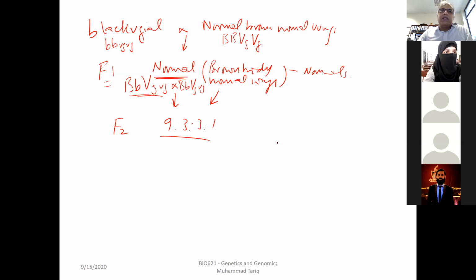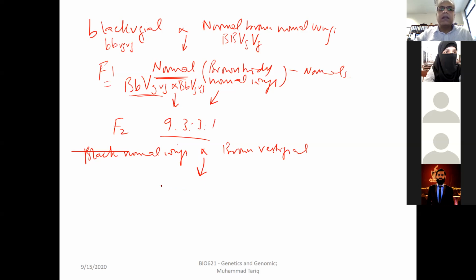And what he did, he said, let's take black vestigial, black normal wings, and cross it with brown vestigial.